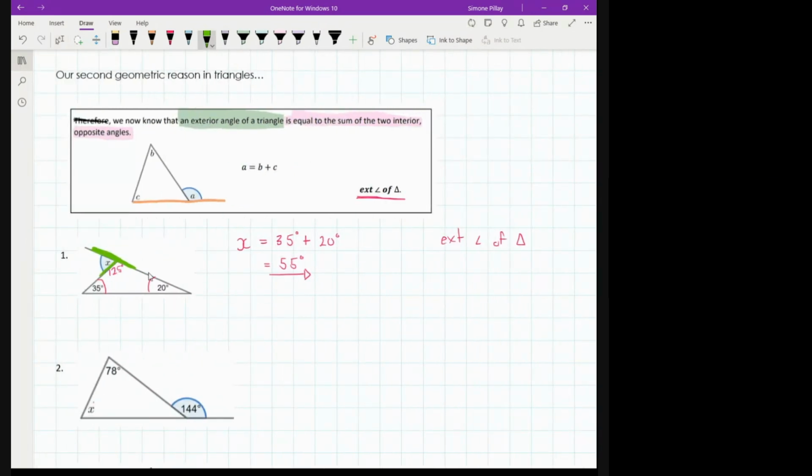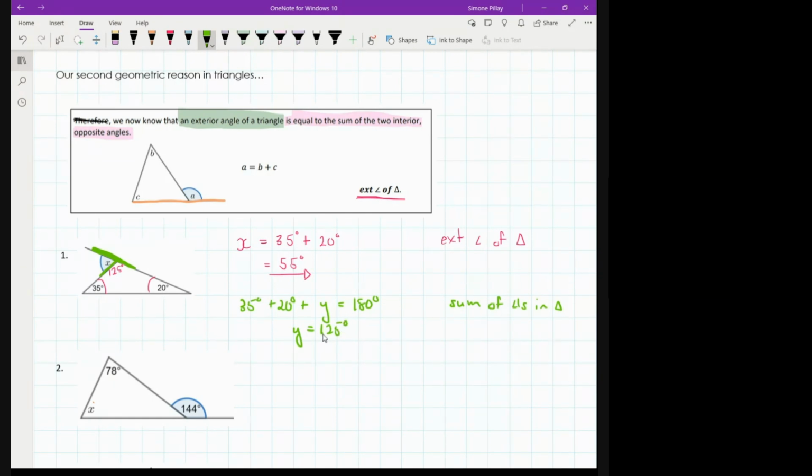So what we could have done there is we could have said 35 degrees plus 20 degrees plus, let's call that angle y, is equal to 180 degrees. Why? Sum of angles in a triangle. We would have calculated y to be 125 degrees.